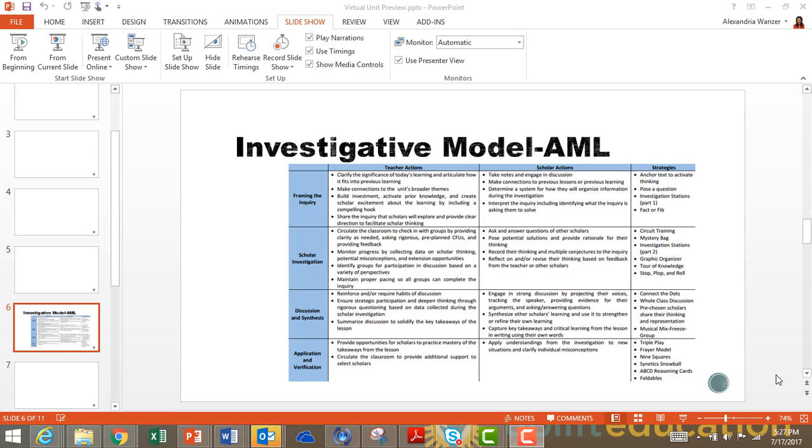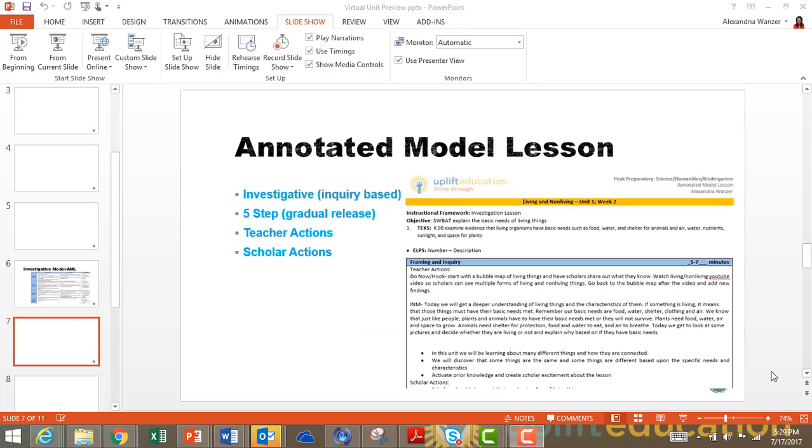And then at the last part, you have the application verification, which is like the independent practice and exit ticket in the 5-step model. So both of these are really cool, different frameworks that we are going to be using this coming year. All right, so like I said before in the two previous slides, these AMLs show framework for specific grade levels.